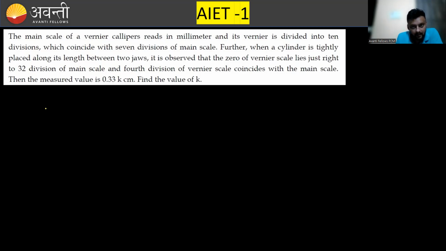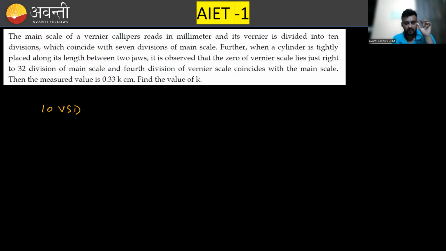That means 10 vernier scale divisions. I am assuming one thing here, that you have seen vernier calipers in your classes, in your labs, or during the lectures. I can't draw it and I forgot to put a picture of vernier here, so you can download the image if you have not seen.